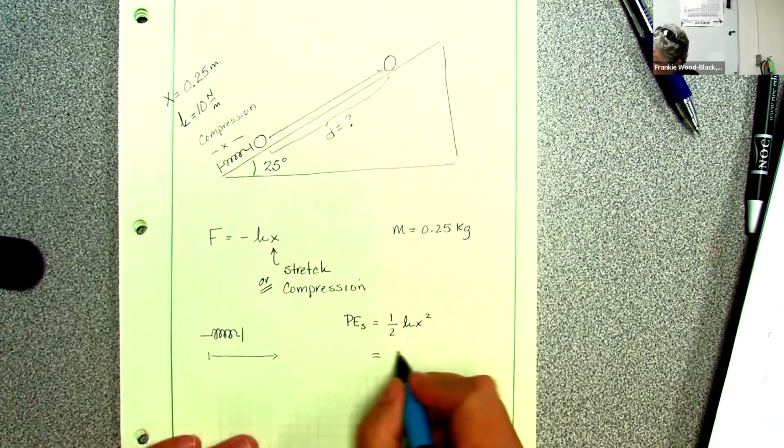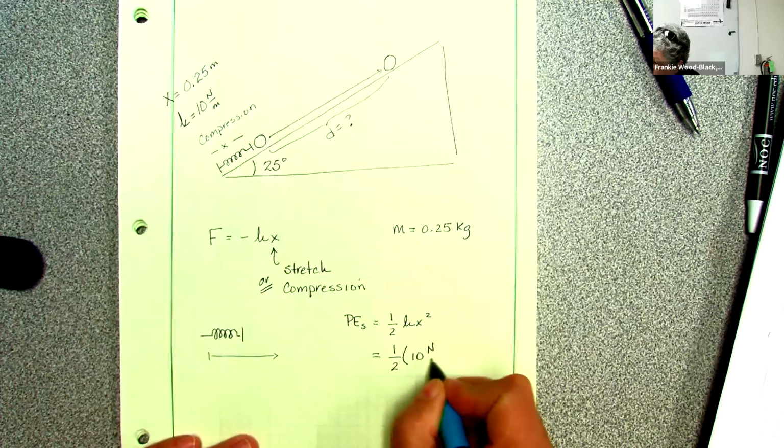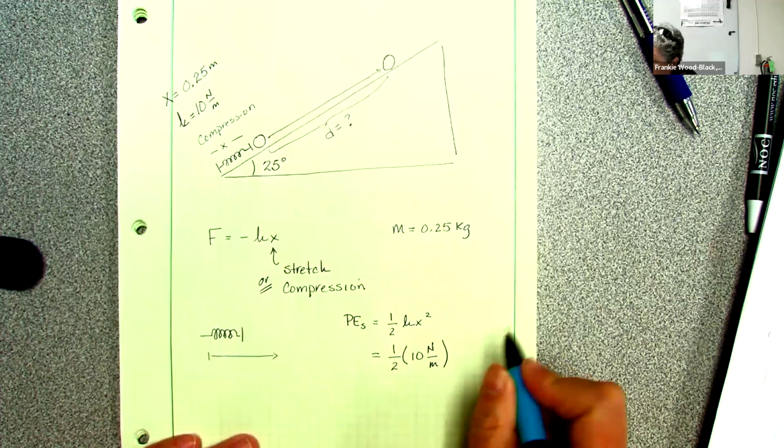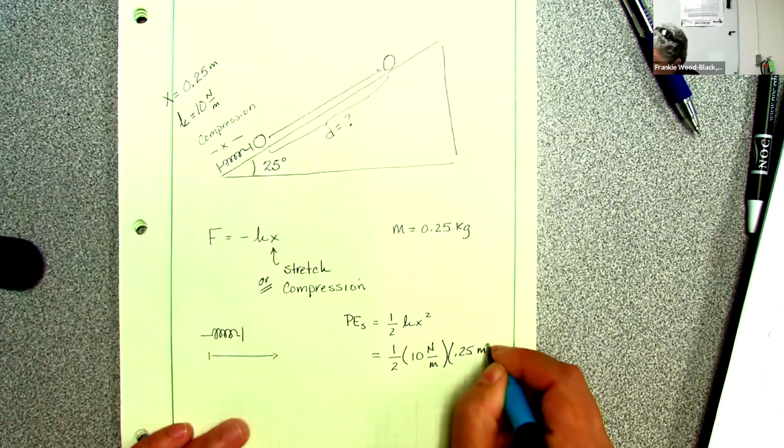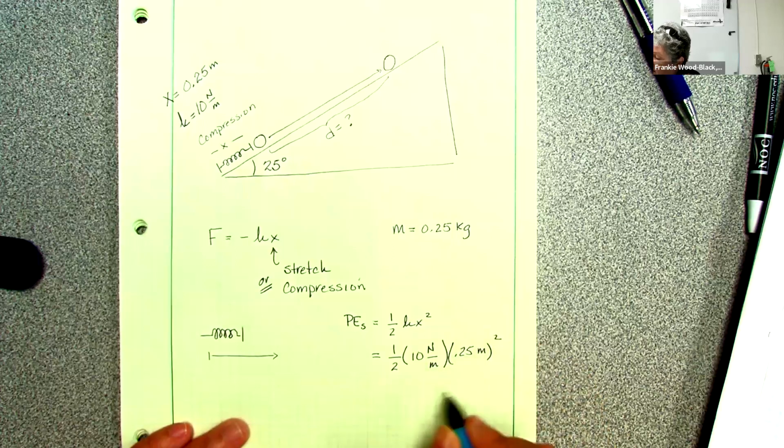So we can calculate that. That's going to be 1/2 times 10 Newton meters, and we compressed it by 0.25 meters, and we're going to square that. So I'm going to end up with units of Newton meters, which is going to give me joules.